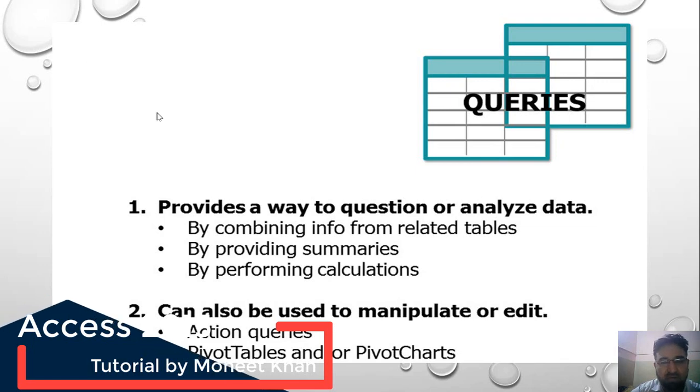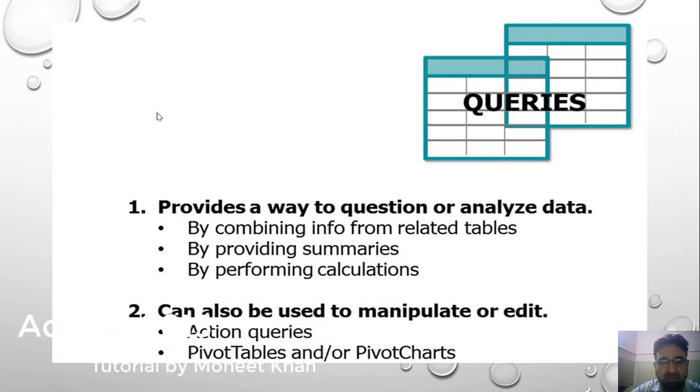A query can provide a way to question or analyze data by combining info from related tables, by providing summaries, by performing calculations. It can also be used to manipulate or edit data, such as an update query or delete query, or you can even use it to create a pivot table or a pivot chart. Queries are the item which the end user will be using the most.